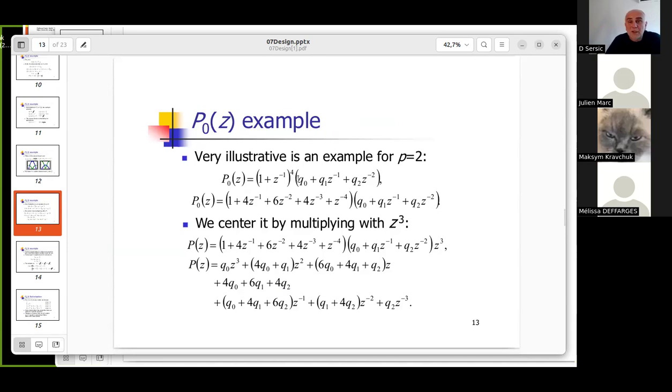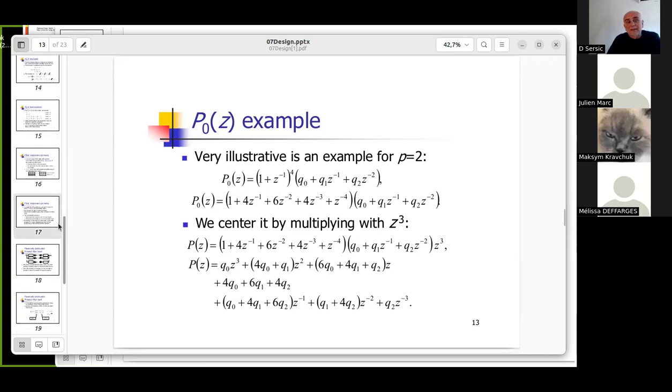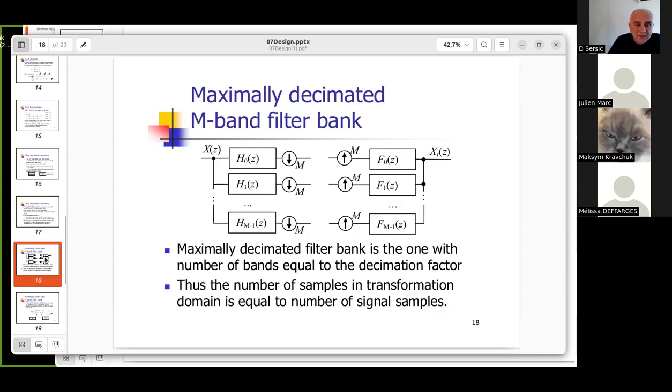And of course, we had some remaining part, and then we can just keep it all together on one side, or we can also factorize it by finding its roots. So much about two-channel or two-band filter banks.